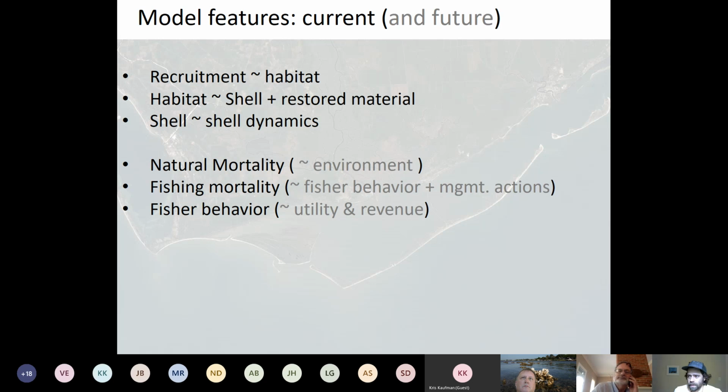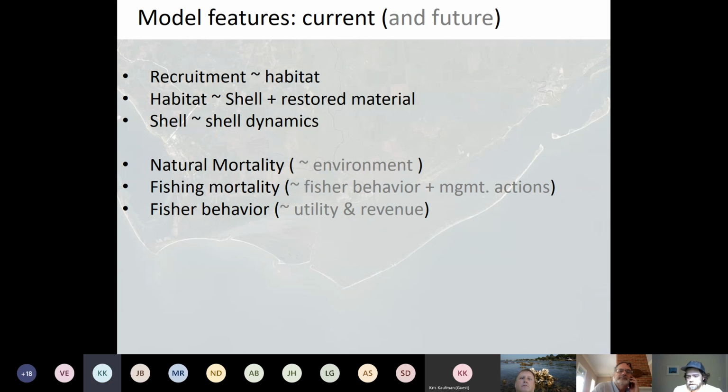In terms of empirically how to suss those apart, probably our best bet now is going to be actual empirical experimentation. If we try to understand how recruitment is going to change as a function of the amount of shell, we may need to experimentally vary it, basically build mini reefs at different heights and see how that changes.